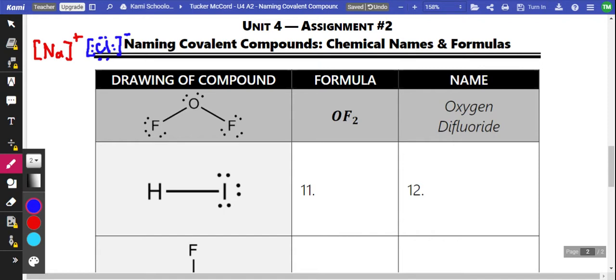In this case, we use a pair of electrons shared between two atoms, shown as a line. So let's see here.